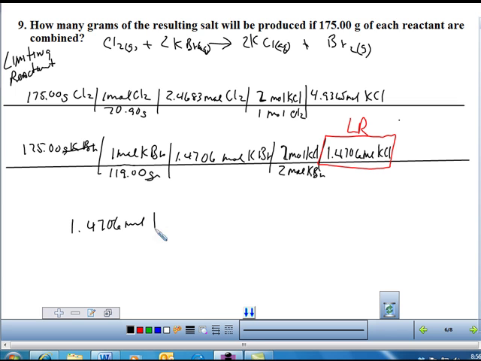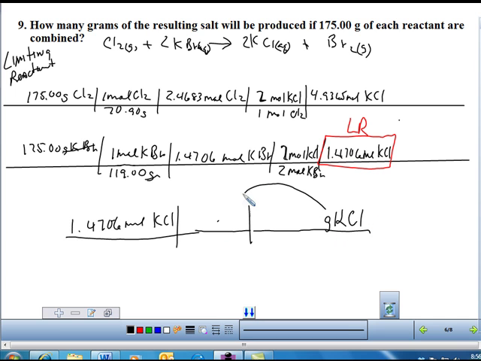So we just go 1.4706 moles of potassium chloride, and we want to know grams of potassium chloride. So just like we've been doing all along, grams of potassium chloride goes here, and moles of potassium chloride goes here. 1 mole of potassium chloride has a mass of, I believe, 74.55 grams.